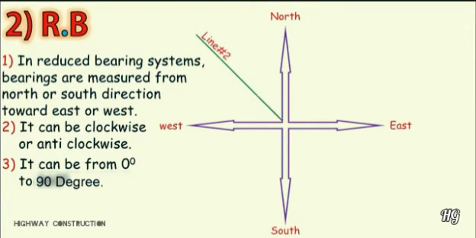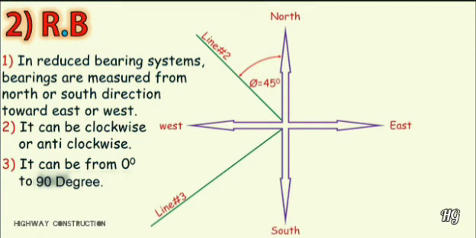For example, how should we take the bearing of line number 2? Remember, this should be anti-clockwise from the north toward the line, just like in this form. And this is approximately 40 degrees, right? So this should be anti-clockwise from the north toward that line. And let's take another example, line number 3.